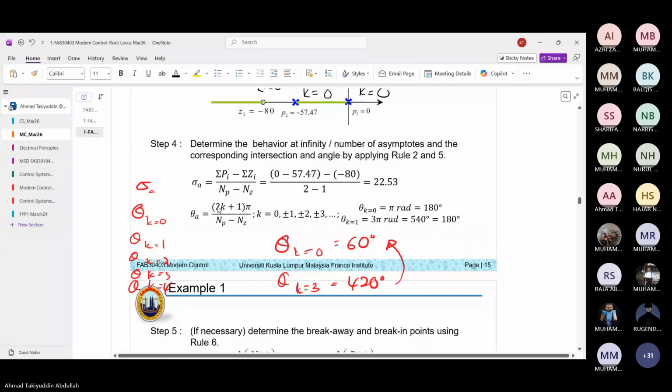So the sigma A is equal to the summation of finite poles minus the summation of finite zeros over the number of poles minus the number of zeros.